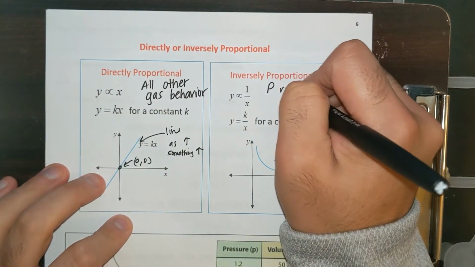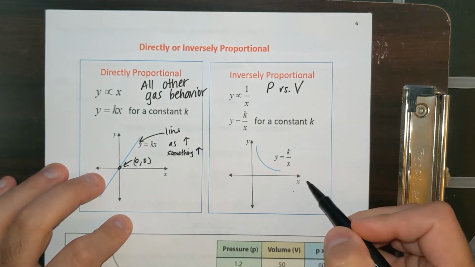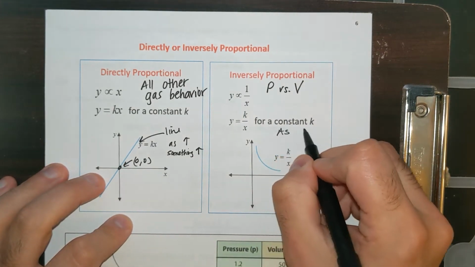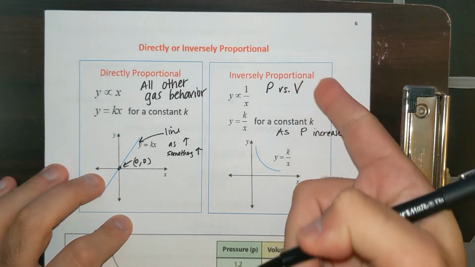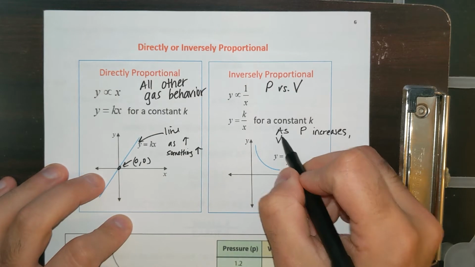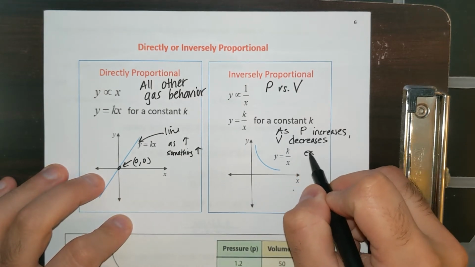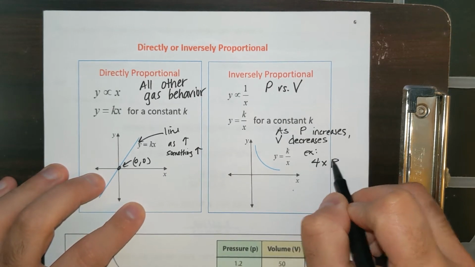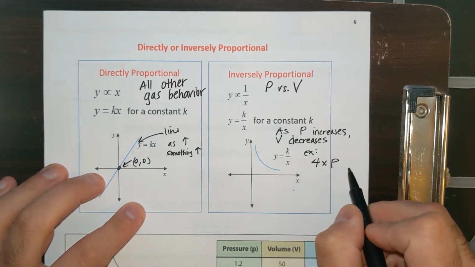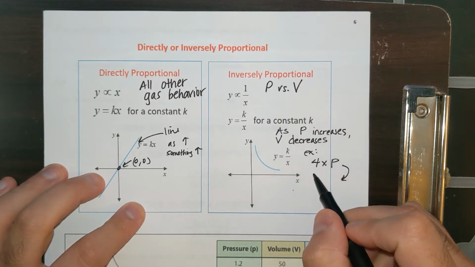But pressure versus volume is an inversely proportional relationship. And this says as P increases, the opposite or inverse to volume happens. V decreases. So for example, if I multiplied my pressure by 4, then my volume is going to be the inverse of multiplying by 4.